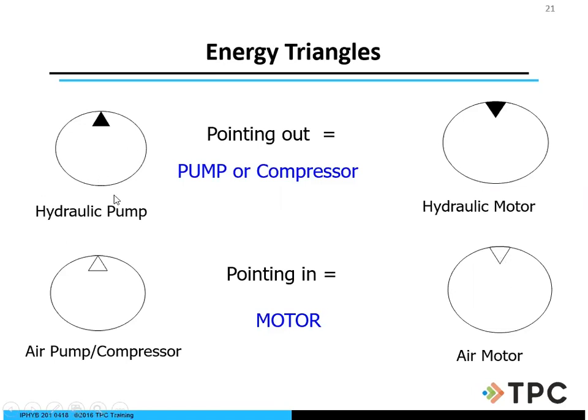Obviously, the pump is the output, and so it's going in the output direction. And then with the motor pointing down, it is the input direction, if you will. There are still outputs, but we still have the direction of the triangles here. So the hydraulic pump out, the hydraulic motor, the motors are always in toward the circle.